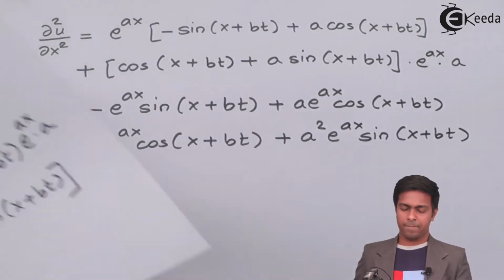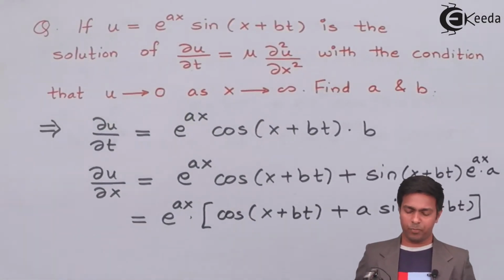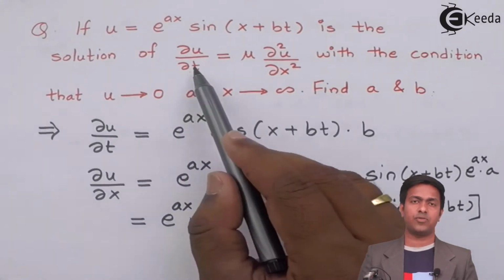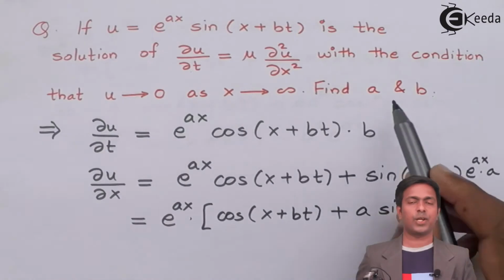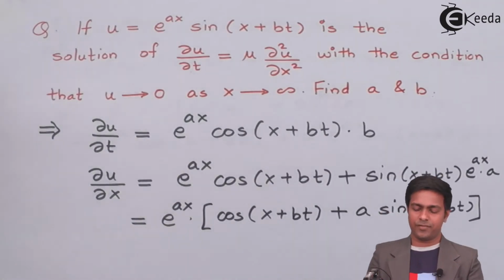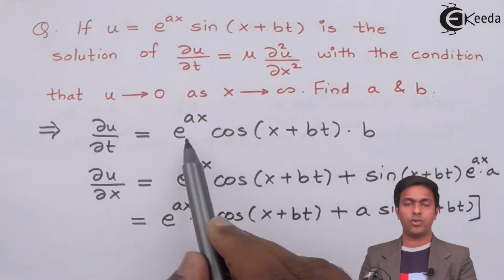So now we'll put these two values in LHS as well as RHS, and then we'll try to find out the values of a and b. Left hand side is del u by del t. I'll put this value in the LHS.